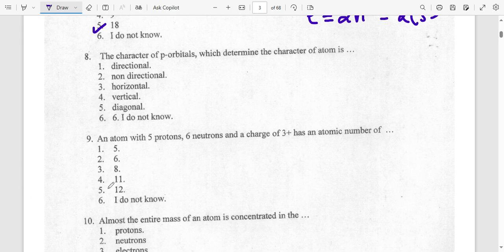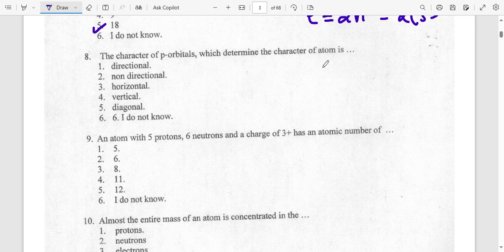The character of p orbitals which determine the character of an atom is directional, non-directional, horizontal, vertical, or diagonal. This question is tricky.